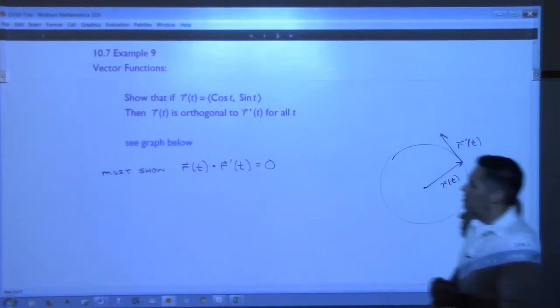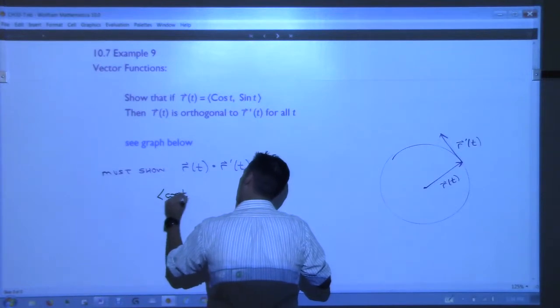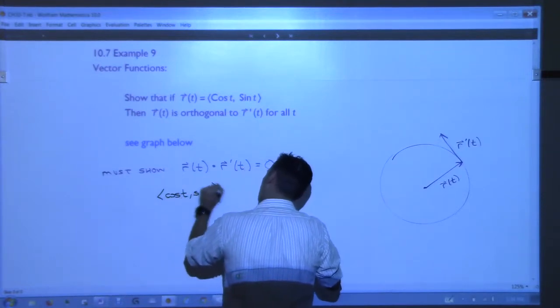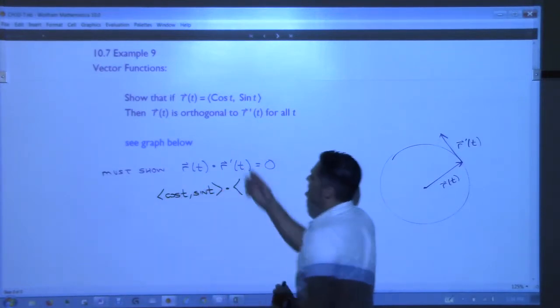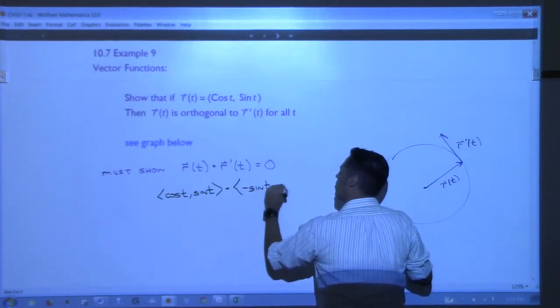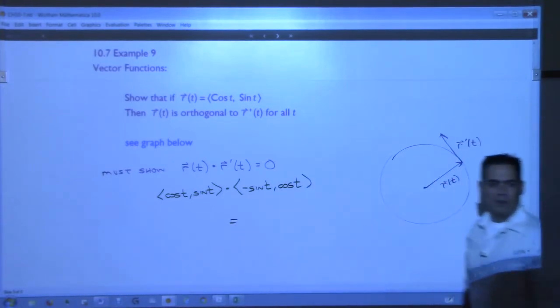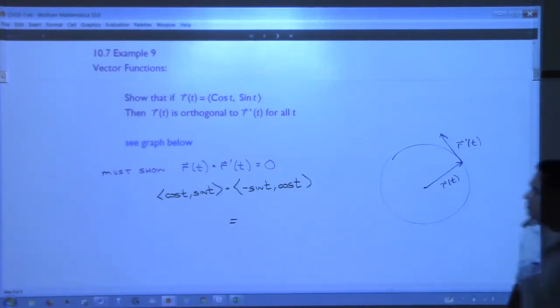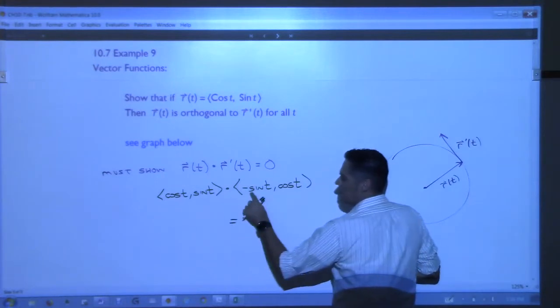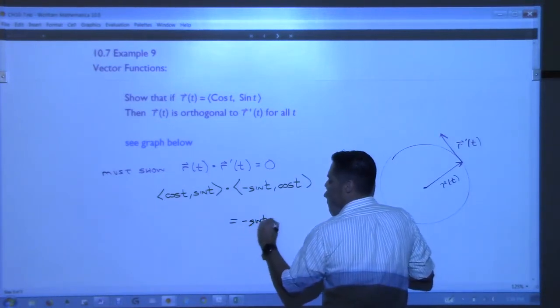So we take r of t, which is cosine t, sine t, and we dot it with the derivative of that. And the derivative of that is negative sine t, cosine t. And dot products are the easiest ones to do, right? So what do you get when you do this times this? Negative sine t cosine t.